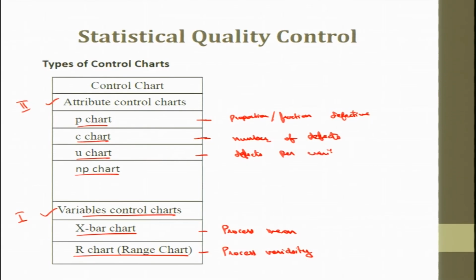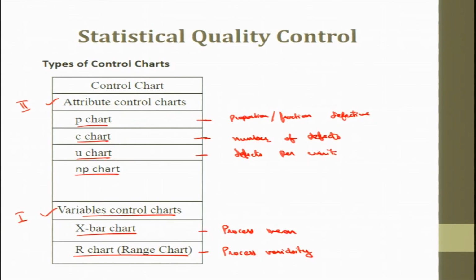When we are trying to monitor defects per unit, it is U chart. So the difference between U and C chart, these are very similar because we are dealing with defects in both the charts, but the difference is that when the sample size is different, we use U chart. When the sample size is same, we use the C chart.